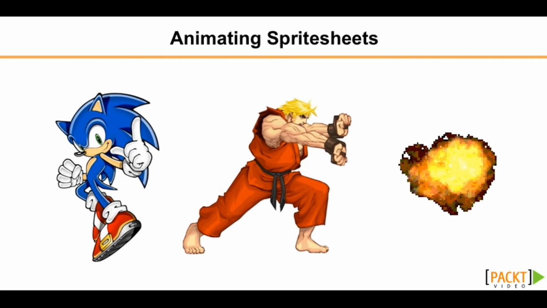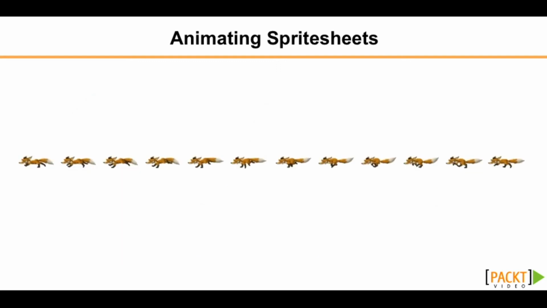So that's basically the core concept. So let's first of all see what a sprite sheet looks like. So usually a sprite sheet is a file full of static images, right? So for example, this is a good example.